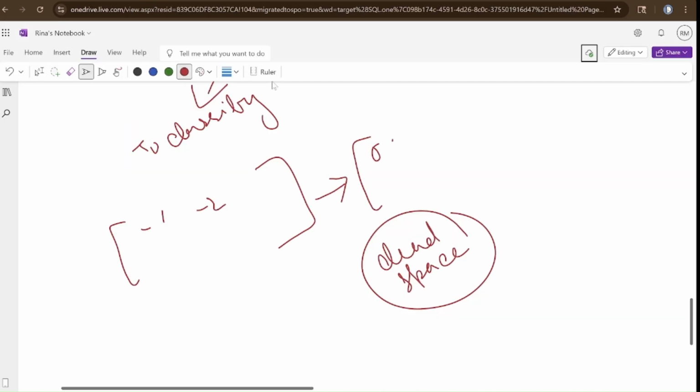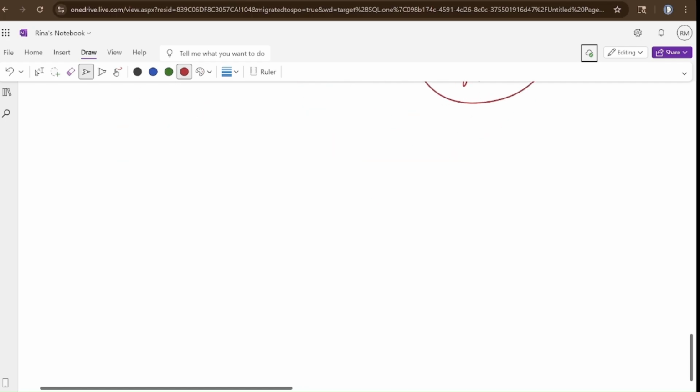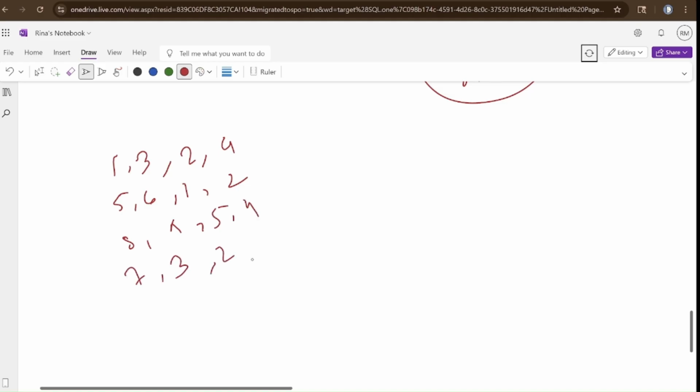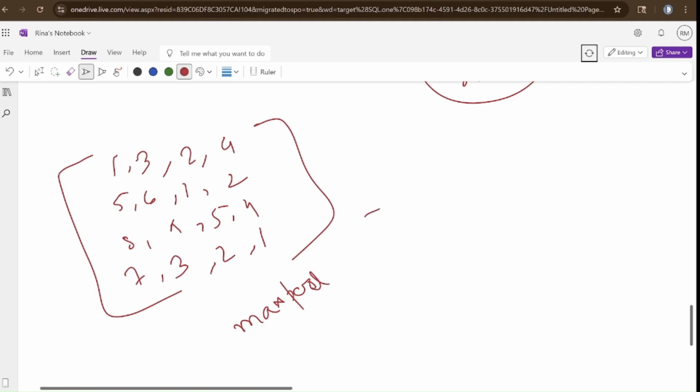Let me just give you one example. Let's say your pixels look like this: 5, 6, 1, 2, 8, 9, 5, 4, 7, 3, 2, 1. This is your pixel grid. Now how does max pool work? Max pool takes every block: 1, 3, 5, 6.